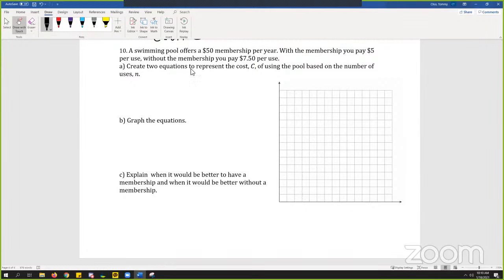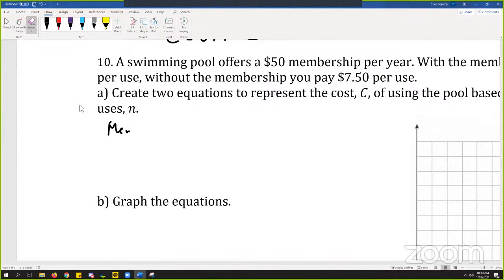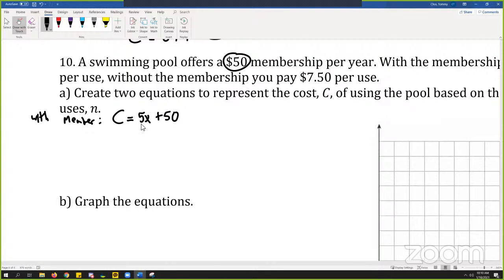So here, the first one, if you buy the membership, so we can say, well, let's zoom in. And we can say for the membership, it's $50 a year and $5 per use, right? So if it's $5 per use, so with membership, we could say C is equal to 5x plus 50. Fixed cost is 50 and it's $5 per use.